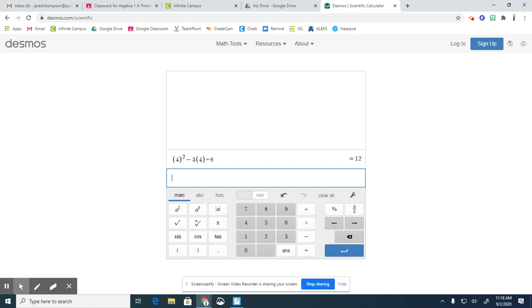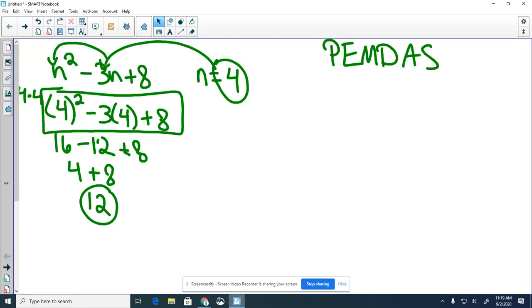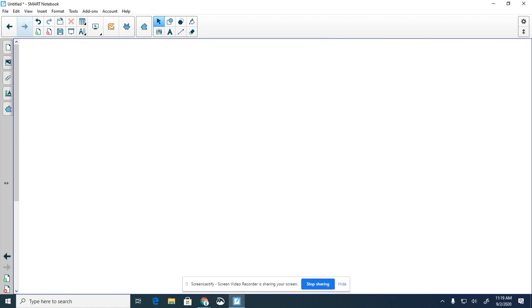Once you get to this line, 4 squared minus 3 times 4 plus 8, you can type it straight into the calculator and get your answer. Okay? Now, let's go back. Let's do another one.